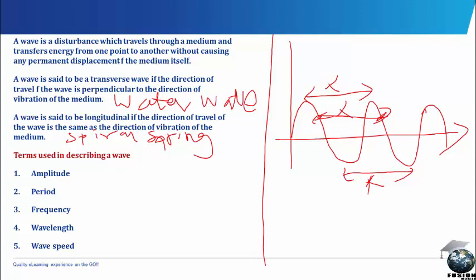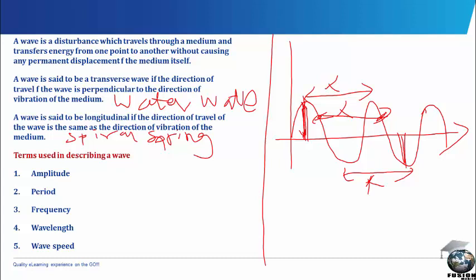So we'll say that wavelength is the distance between two successive crests, two successive troughs, or two successive particles in phase. While from this point to the rest position here, this is what we call amplitude. This line is called amplitude, from the rest position to the crest, or from the rest position to the trough.